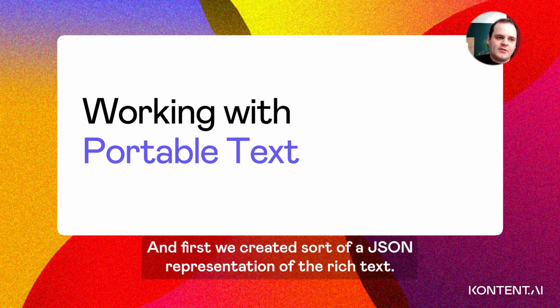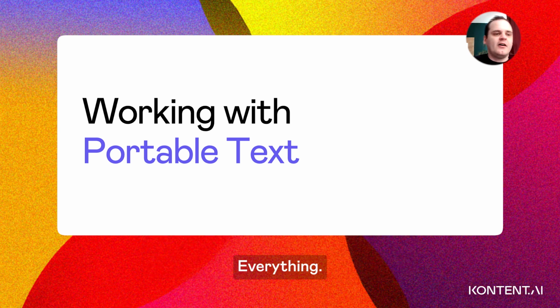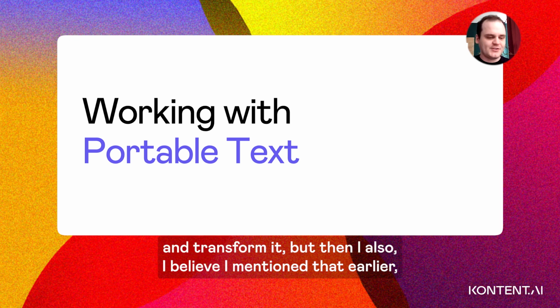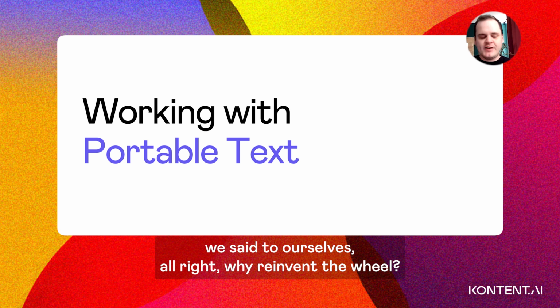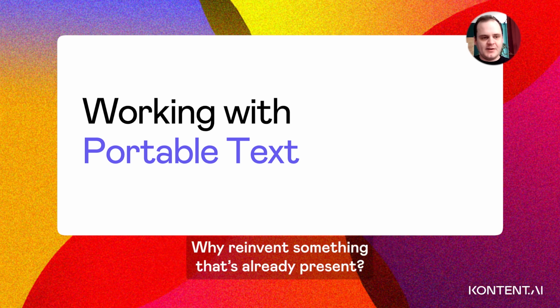We first created sort of a JSON representation of the rich text, and we were thinking, all right, let's try to parse this and transform it. But then, and I believe I mentioned it earlier, we said to ourselves, all right, why reinvent the wheel? Why reinvent something that's already present?